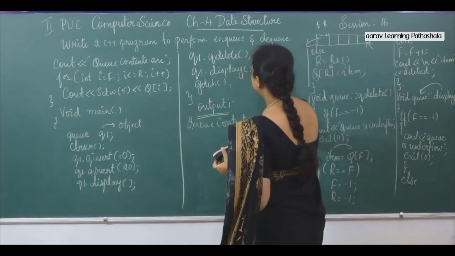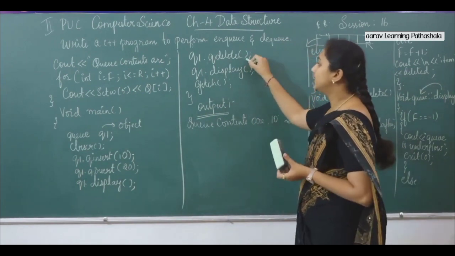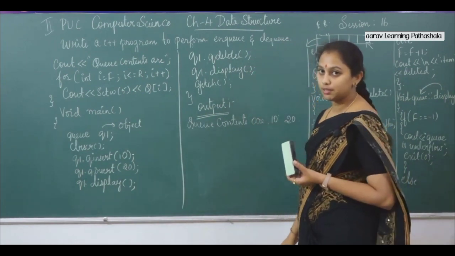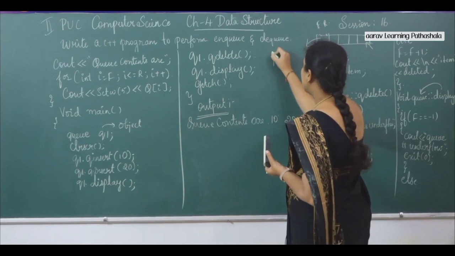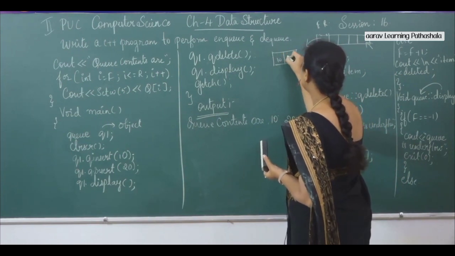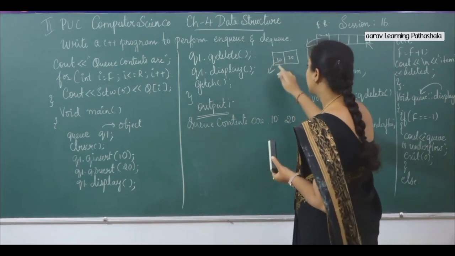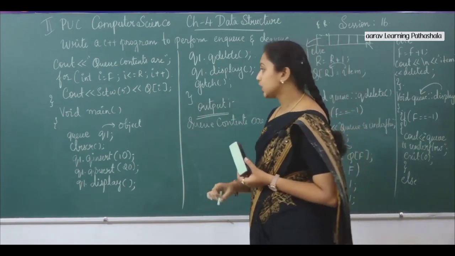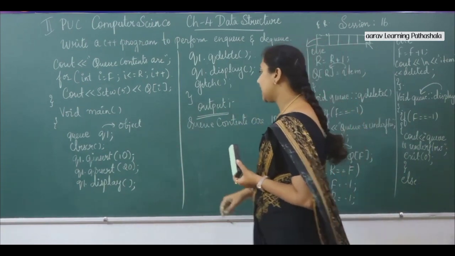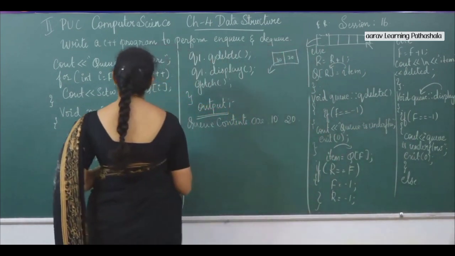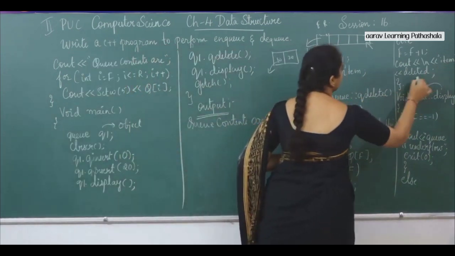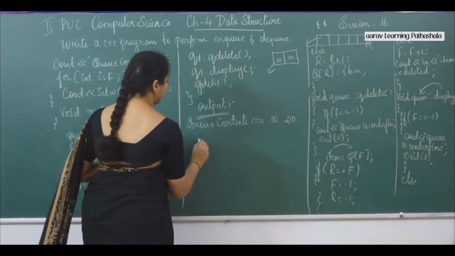Next, I have called the QDelete function to delete an item from the queue. As usual in a queue, it will delete an item from the front end of the queue. So it will delete 10 from the queue, and display "Item deleted", that is 10 deleted.